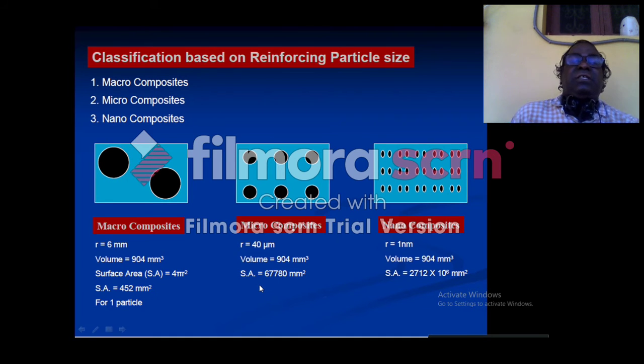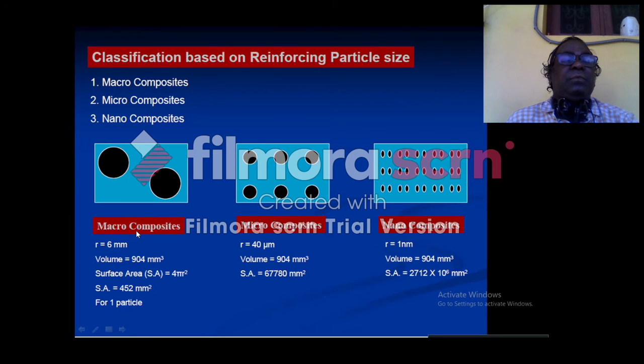Now the classification based on the reinforced particle size. There are three types of particle size: macro, micro, and nano. The composites differ in volume and surface area, based on the surface area and also the radius of the particles.